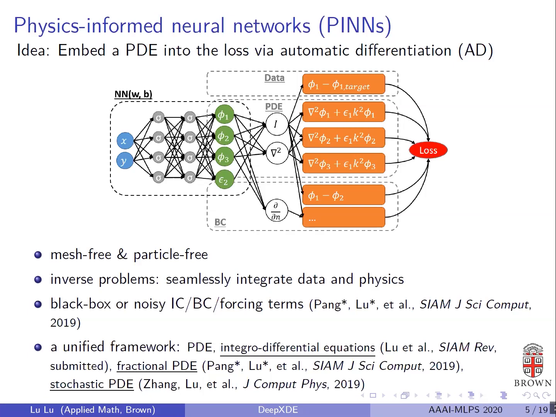But if we only know the boundary condition or initial condition at some scattered locations, which are already there and we cannot modify, then if we use the standard finite element or finite difference, we first have to do an interpolation of the boundary condition or initial condition to have the whole field. Then we can draw the mesh to have the value at any location. The black box means we only have the values at some scattered points rather than the whole field.